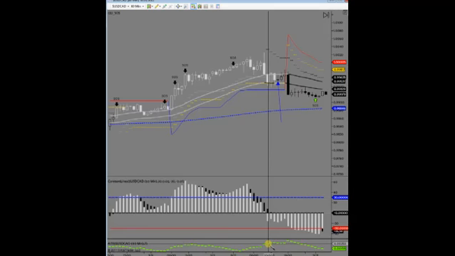In this case, it's a 25 pip ATR, so I used about a 20 pip target. 55, 65. I was at 80, 84. I was right here, roughly.